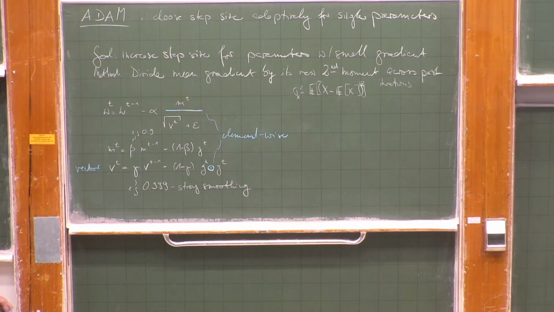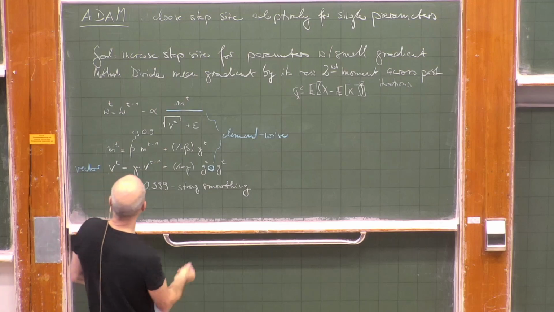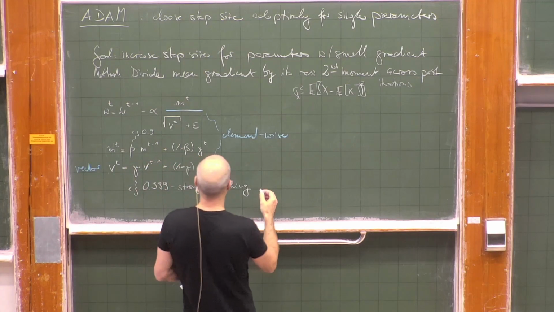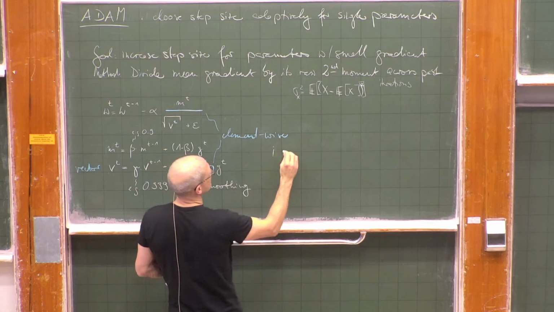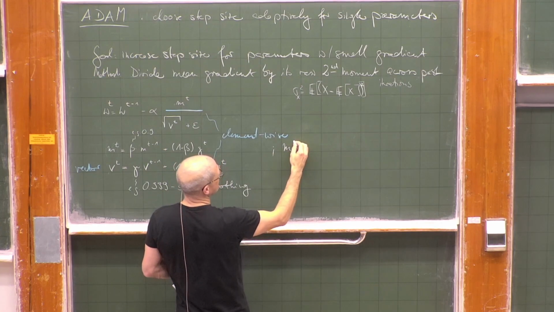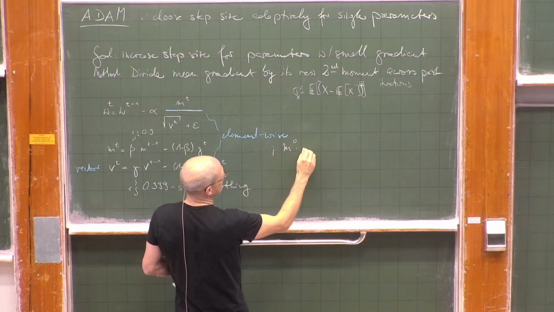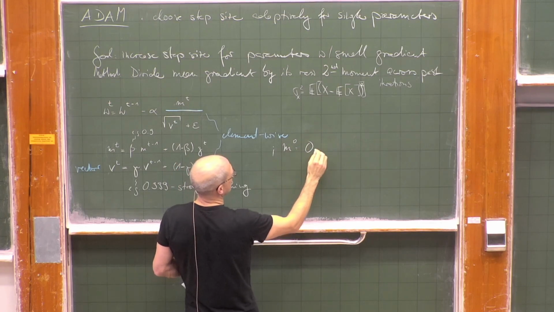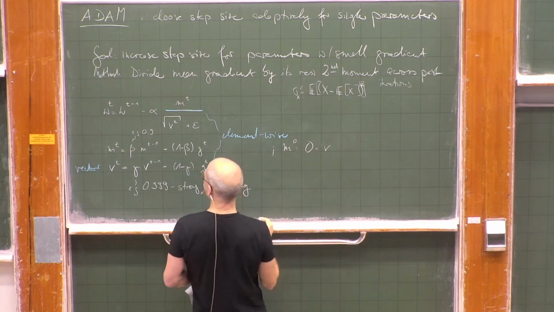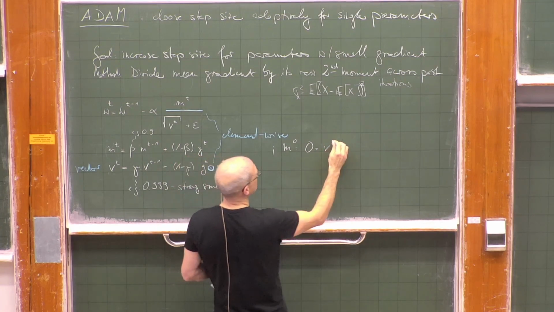Now, imagine that we initialize this. We need still the boundary conditions. So we can say that the mean gradient at time 0 is just 0. And similarly for this raw second moment.